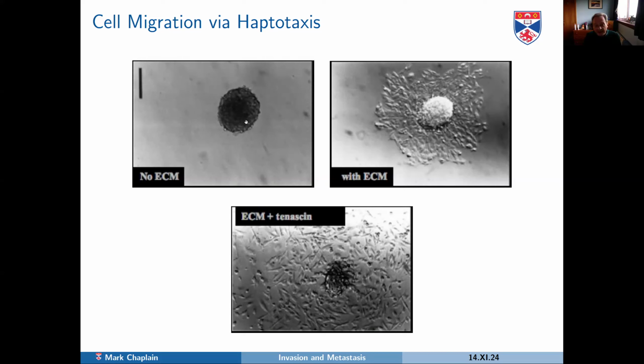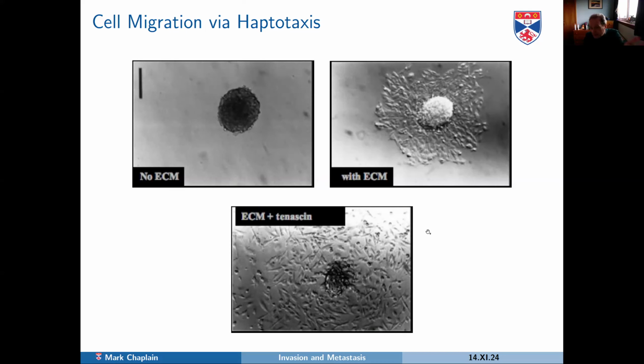This is the same slide you saw on Tuesday. We have cancer cells on a glass slide, so they can't adhere to it, and they stay all together localized in the center. When you put some matrix components in, they can adhere to the components and start spreading out more widely. And if you put in a component of matrix that they get a really good adhesive grip to, they can spread very widely across the whole glass slide.